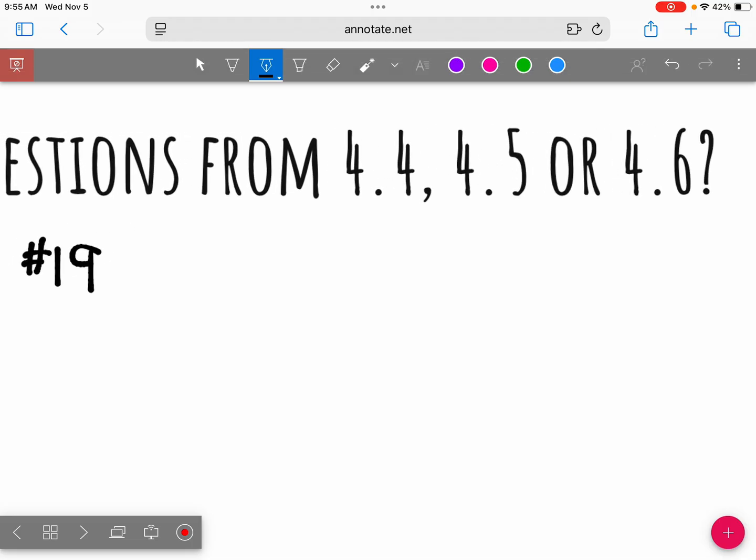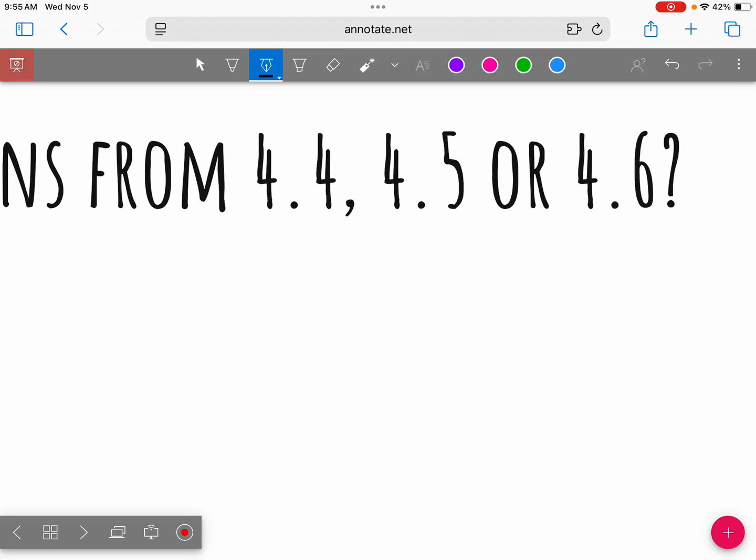This one is one of our variation problems. So I'm just going to write it out.